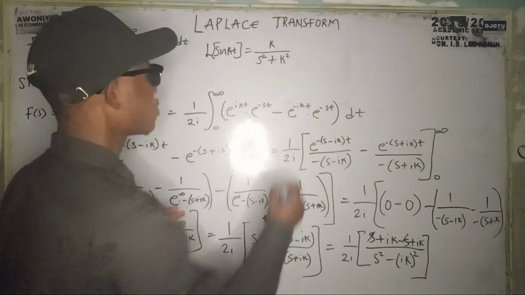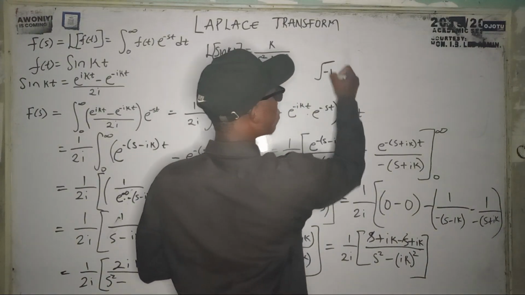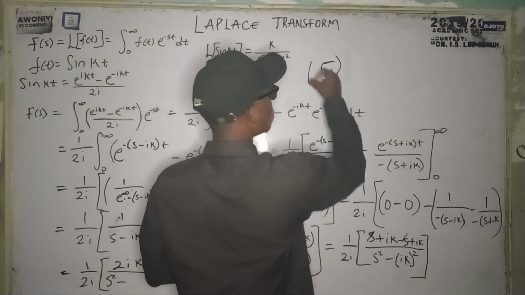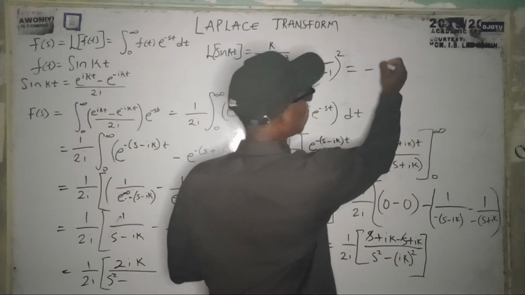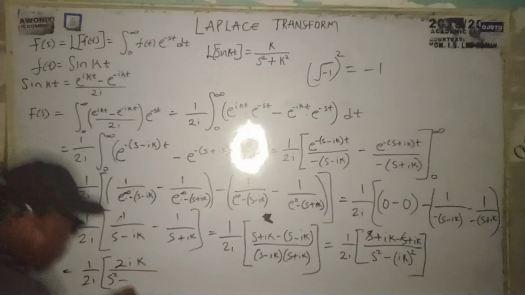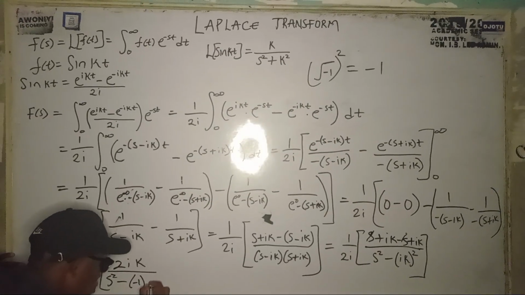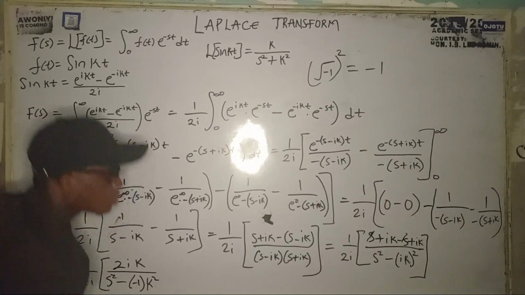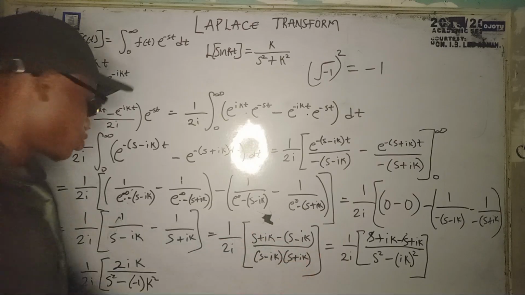So if we have the square root of minus 1 and we square it, it is going to be equal to minus 1. So what is over here is minus 1 times k square. That is what that ik square means.